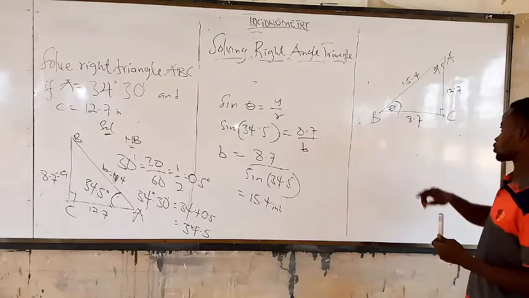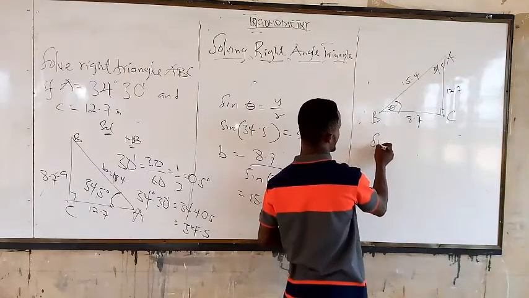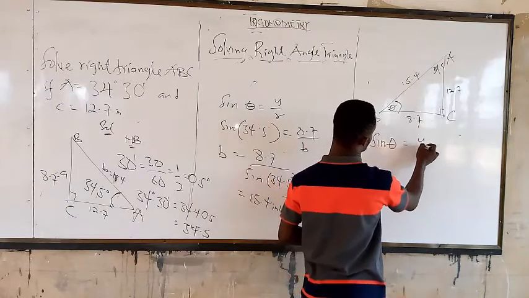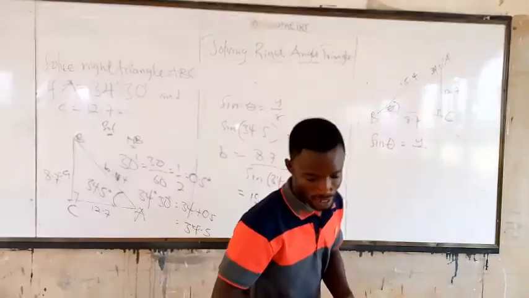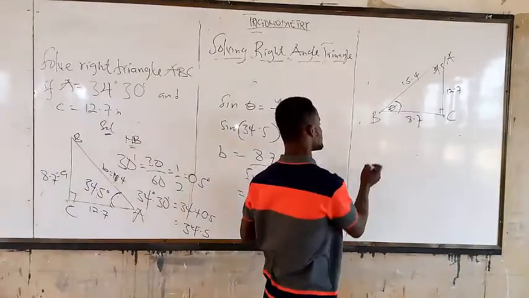To get this, we can use sine theta is equal to y over r, or we can even use tan. Since you have all the sides, any of them will work.